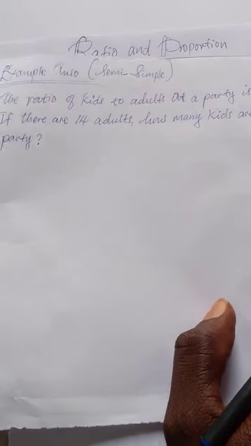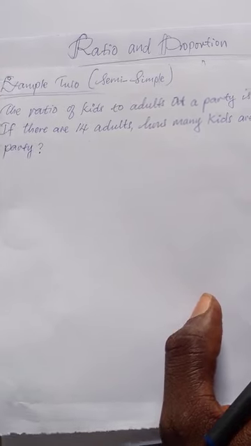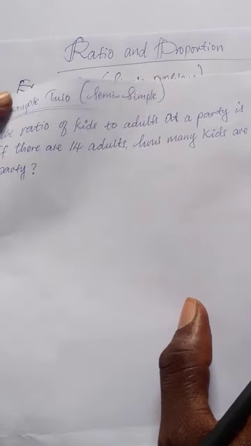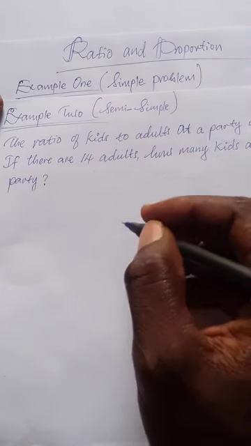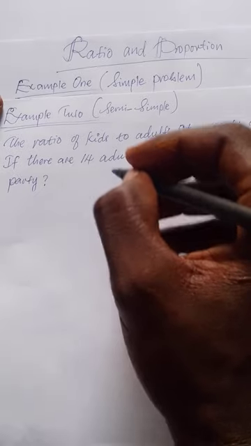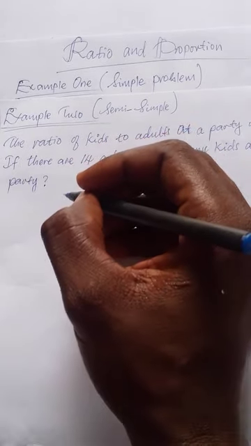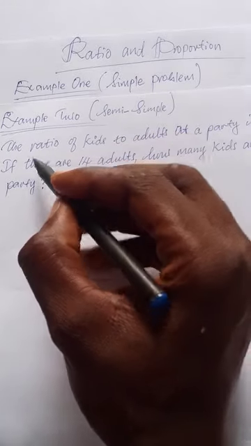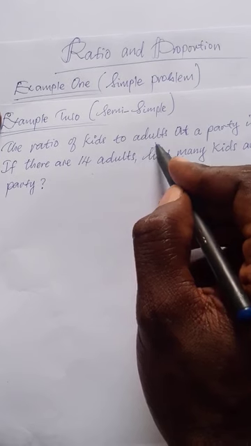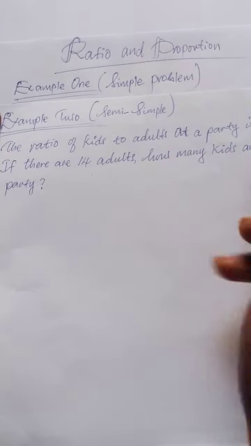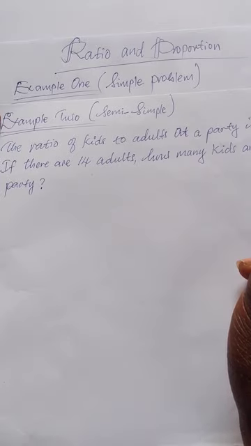This is a bit simple and again somehow tricky, a bit complex. Now, we can see that the ratio of kids to adults at a party is 5 to 2.